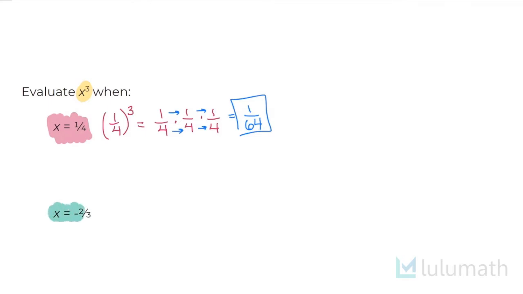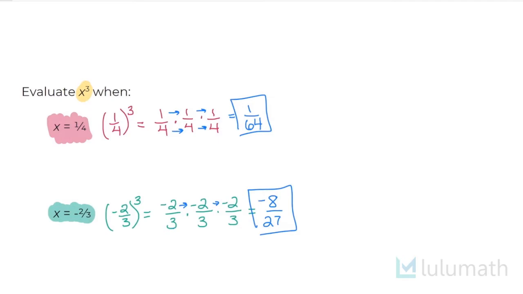Now, if I take x equals -2/3, that means I would take -2/3, and then I would cube it. So again, you can choose which number you would like to be negative. In this example, I will make my numerator negative. So -2/3 times -2/3 times -2/3. When I multiply across, -2 times -2 times -2 is a -8, and then 3 times 3 times 3 is a +27. So my answer is -8/27.